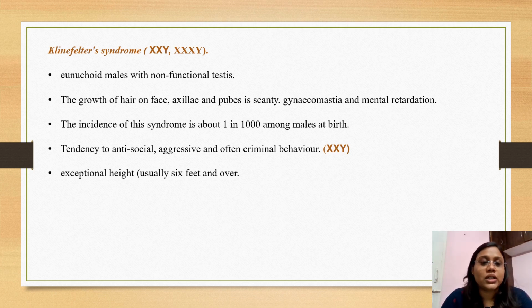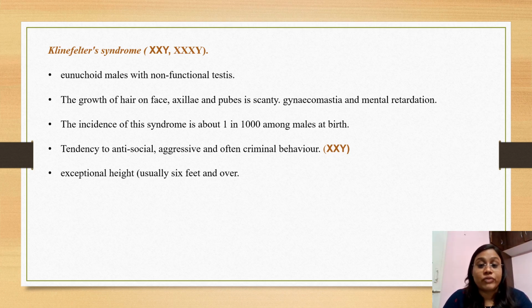Now we'll deal with Klinefelter syndrome. In this the affected male is phenotypically male but with non-functional testis. As testis is not there, testosterone hormone is not there, so secondary sexual characters will not be developed. So the growth of hair on face, axilla, and pubis is scanty.